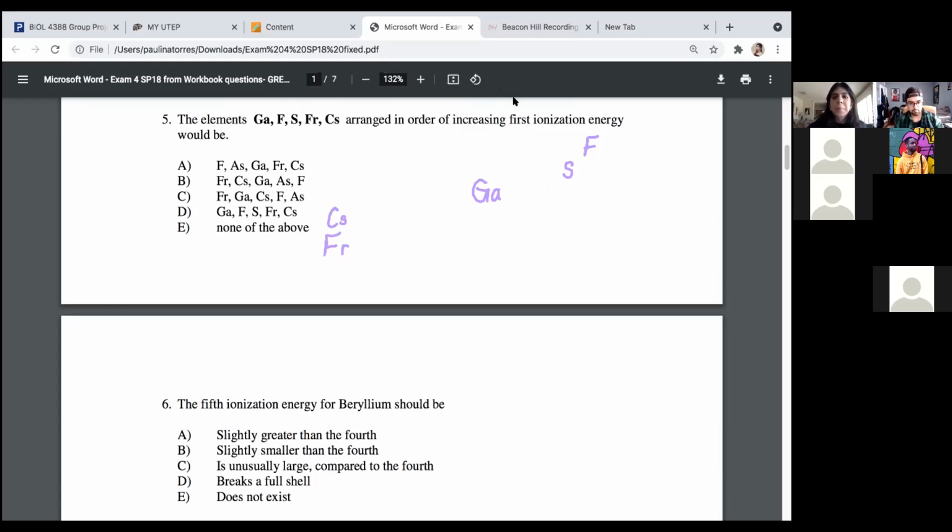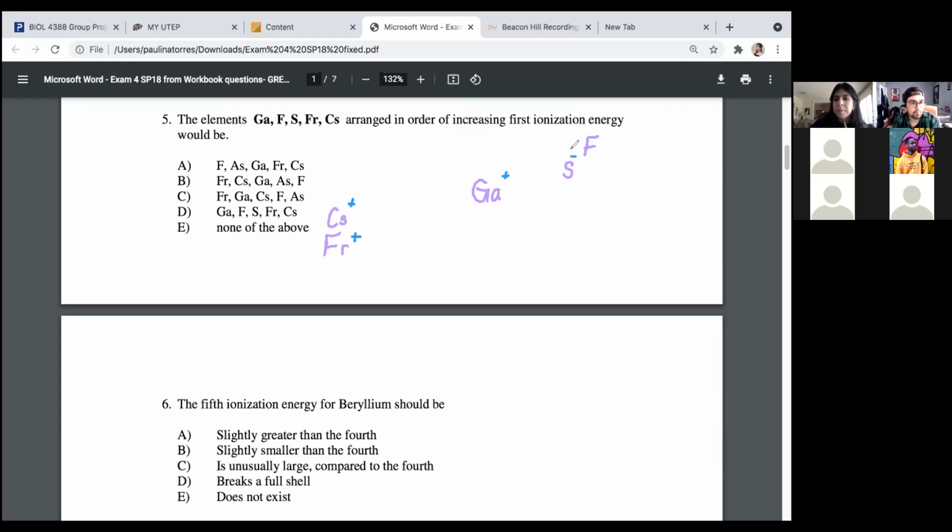These are the ones we care about. So we want to look at the ionization energy it would take. What would be the energy to make cesium an ion? Cesium wants to become cesium plus, same with francium, right? So all of these are essentially going to lose an electron.